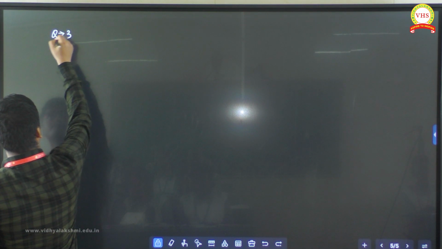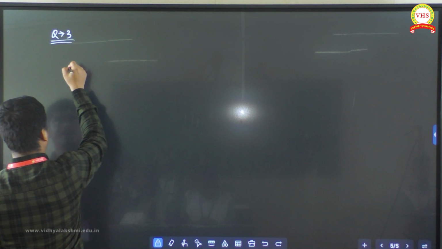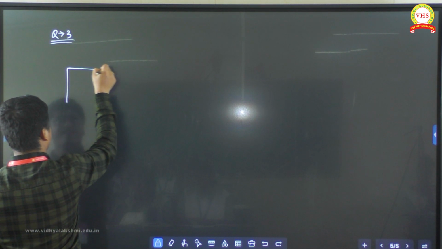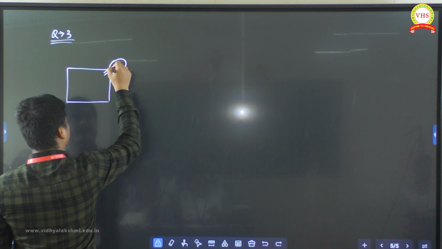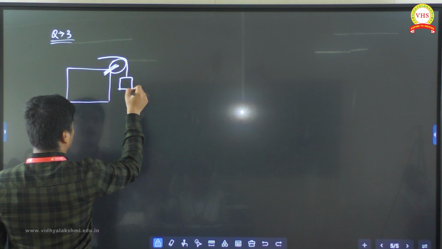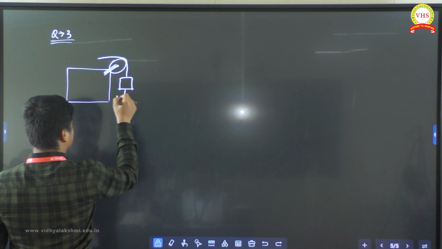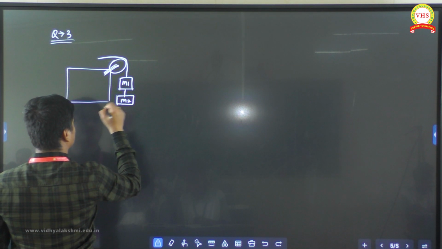Question 3. What question is given here? Now here, same problem but a little different. Same but different. See here, now two masses are hanging. Here M1, here M2.